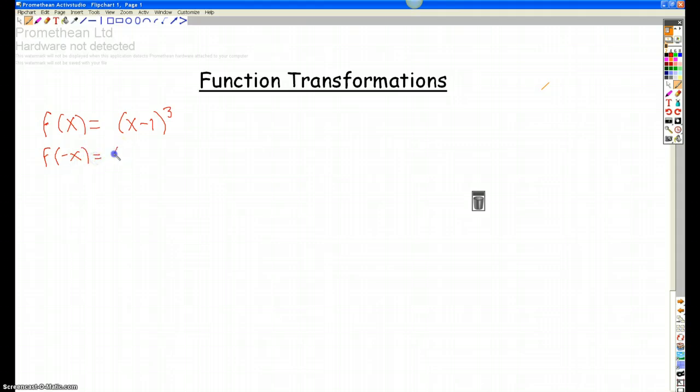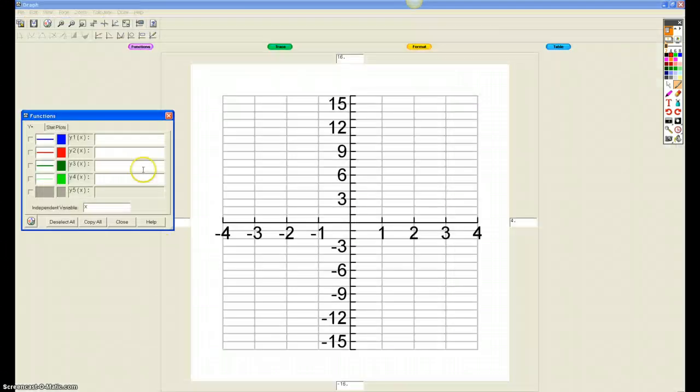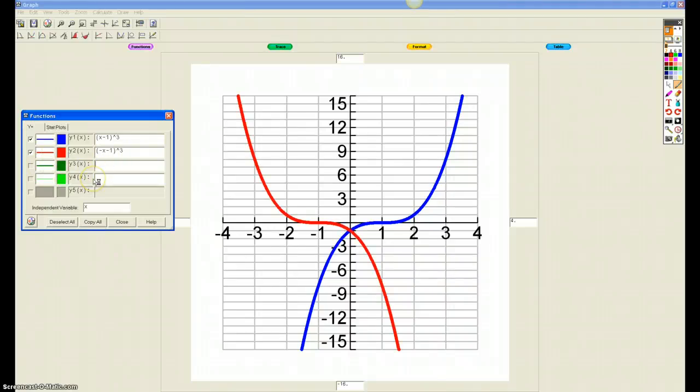Well, whatever I see in x, I'm going to put a negative x. And let's see what happens here. x minus 1 cubed. You get that picture, and if I graph f of negative x, what do I get? I get that picture.